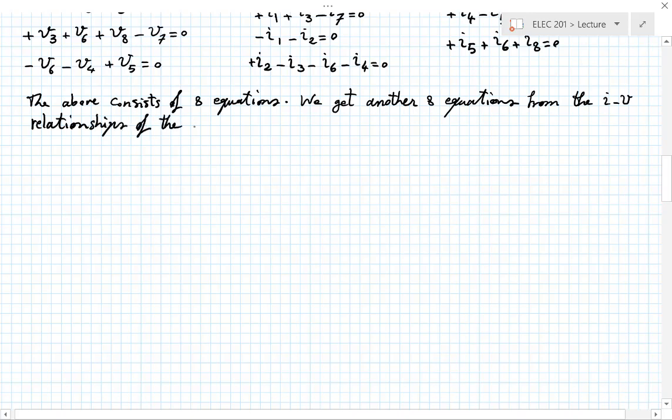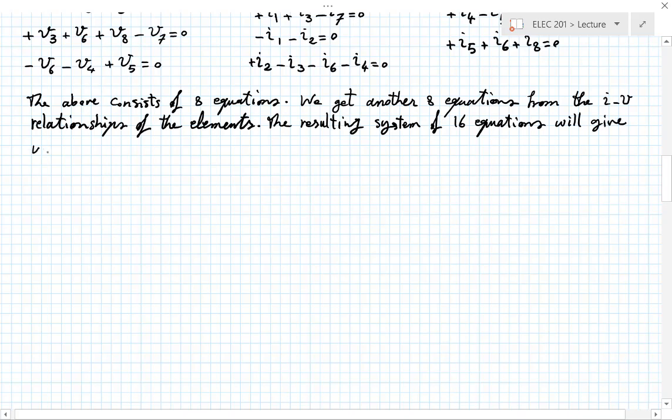So in total, we have a system of 16 equations. The resulting system of 16 equations will give us all the 16 voltages and currents.